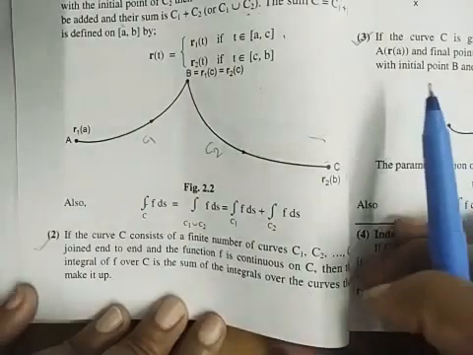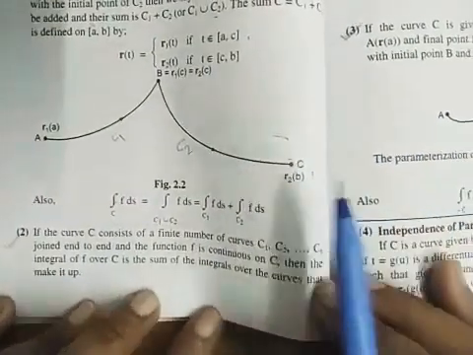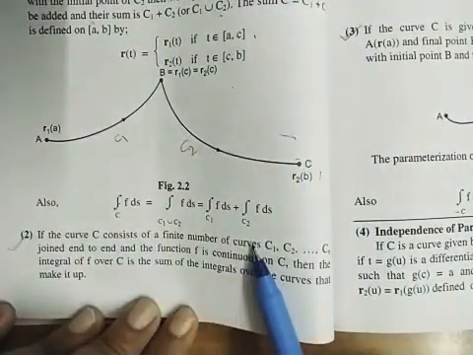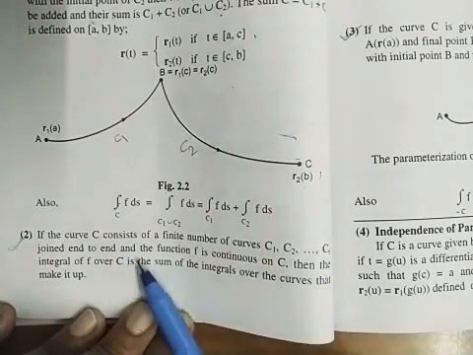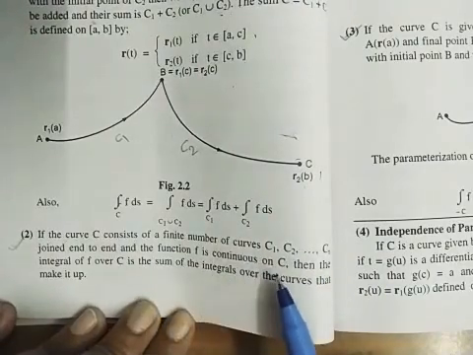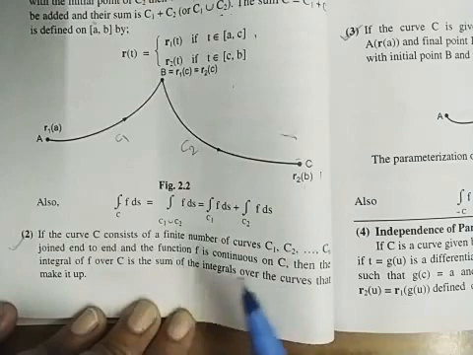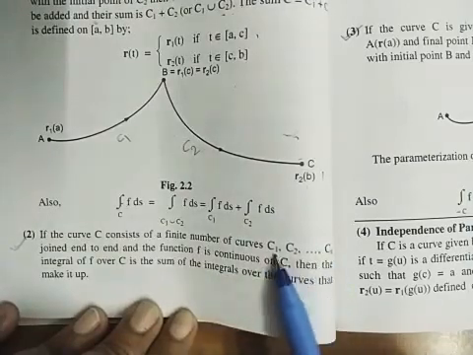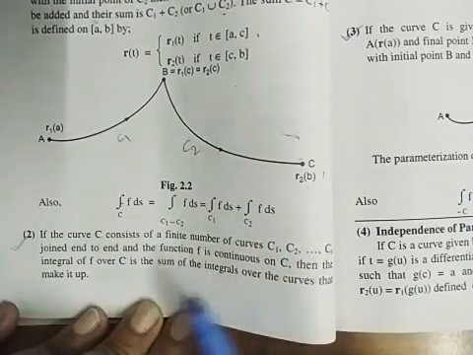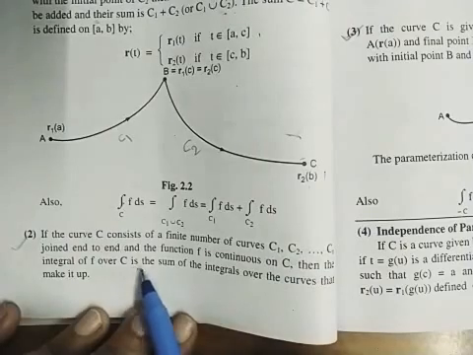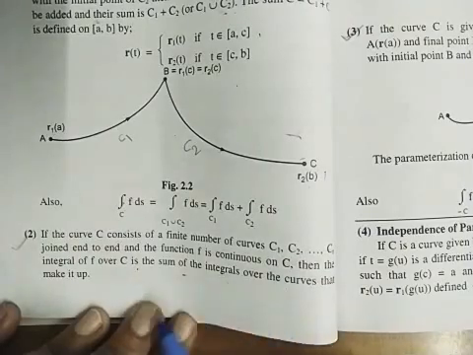Similarly, another property is, suppose C consists of a finite number of curves C1, C2, up to Cn joined end to end, and the function f is continuous on each of these curves C1, C2 up to Cn. Then the integral of f over C is the sum of the integrals over the curves that make it up. Means what?